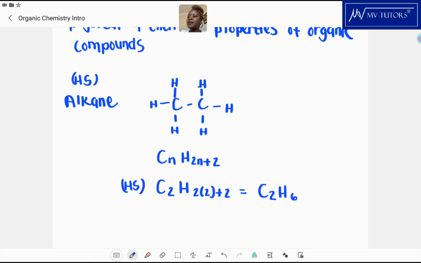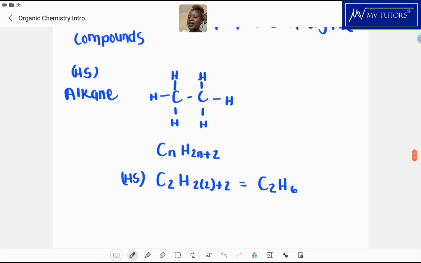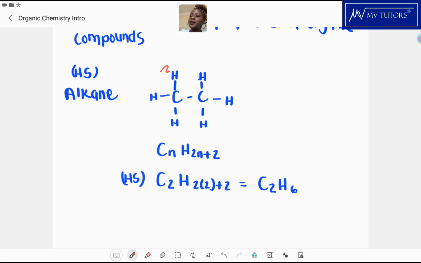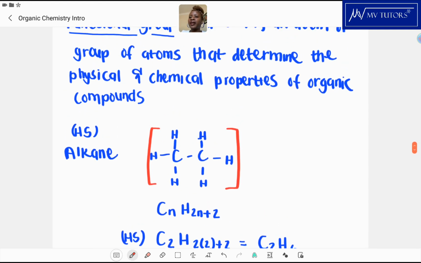Now, what is the functional group? What I have drawn here is your functional group. When you have an alkane, there are certain physical and chemical properties that are unique only to the group of alkanes.